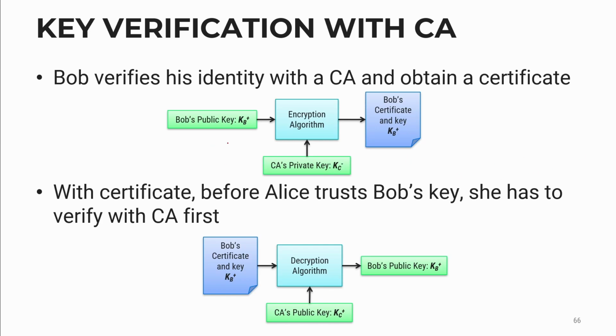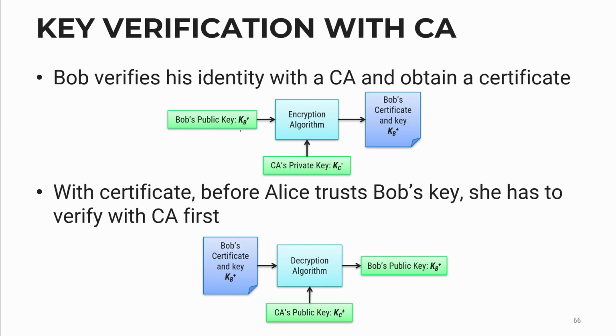And then he is going to submit his public key, KB+, to the CA along with his identity, like his birth certificate or his ID card, or if he's a company, some documentation that proves, okay, I am an employee of this company, and this is my public key.